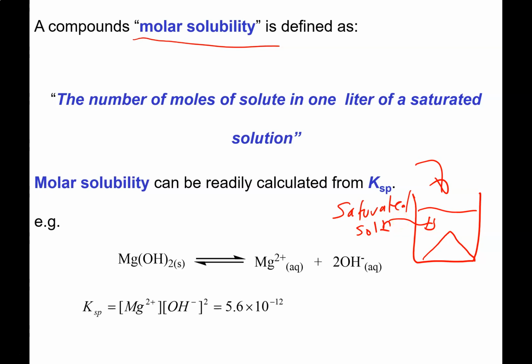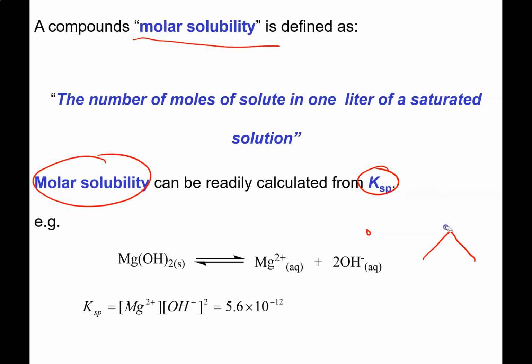Now the cool thing about the Ksp and the molar solubility is if you have one, you can always calculate the other. It's not super simple. There isn't a formula for doing it. You have to do a little bit of work, but you can probably see that this is possible. So here's an example again of our magnesium hydroxide solid in equilibrium with the magnesium ion and the hydroxide ion.